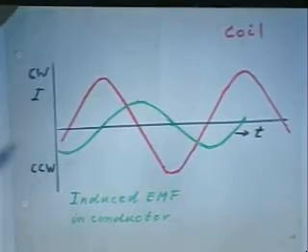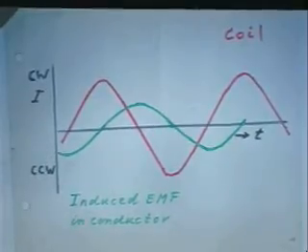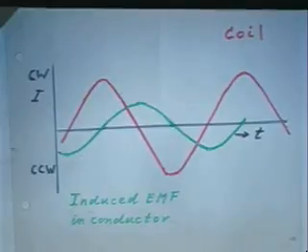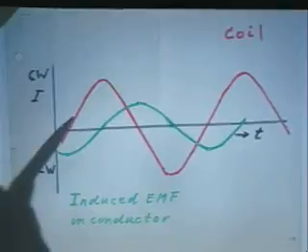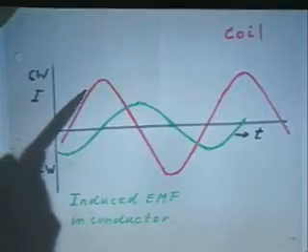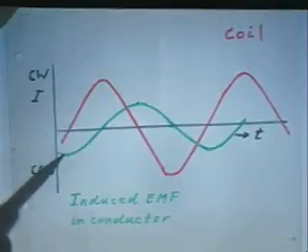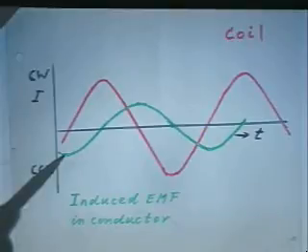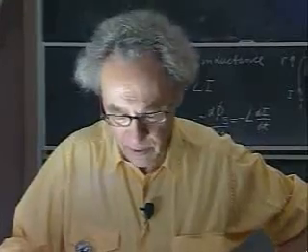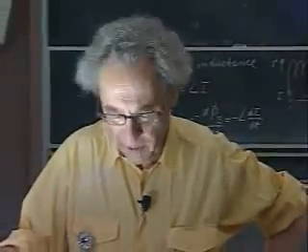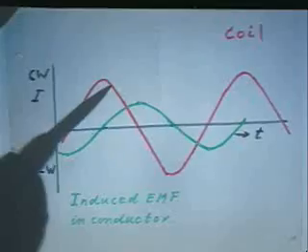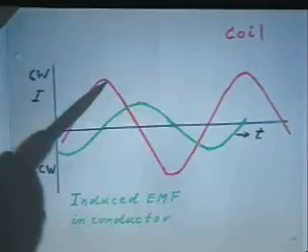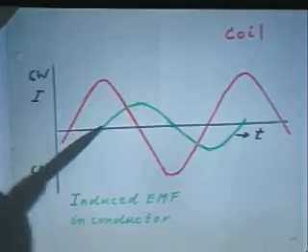The green curve is the EMF which is induced in the conductor. Notice when the magnetic field increases, when the current goes up in the coil, that the EMF in the conductor is in such a direction that it opposes the change of that magnetic field. But now when the magnetic field goes down, when the current in the coil goes down, immediately the EMF flips over, which is what I just mentioned to you.